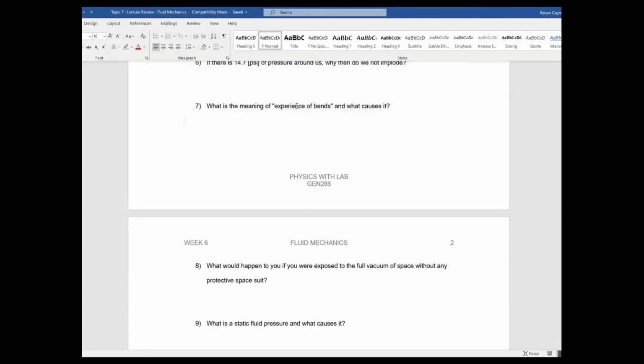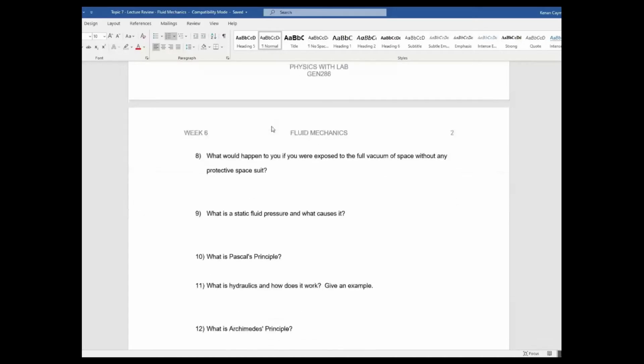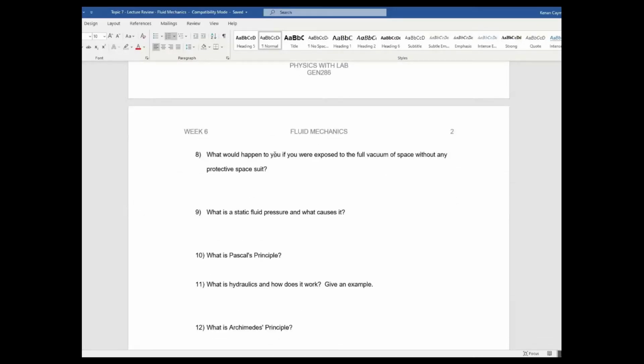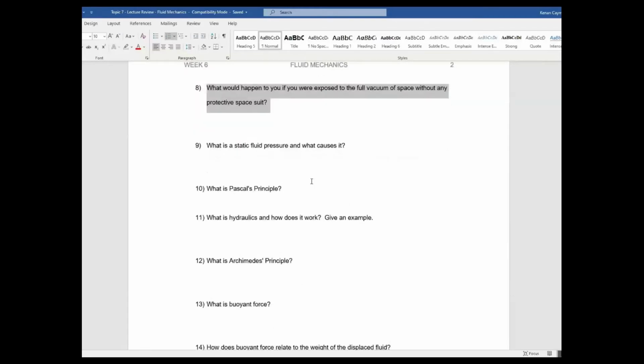All right, so we talked about the meaning of bends. It's called bends because you would be bent double in pain. The sort of pain you would experience is a feeling of boiling from the inside out, right under the skin. It can paralyze the muscles as well as the internal organs. So this brings us to the next point. What would happen to you if you were exposed to the full vacuum of space without any protective spacesuit?